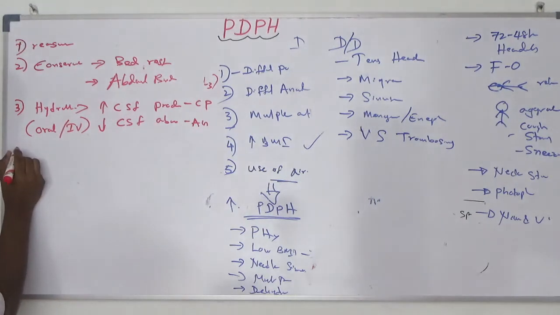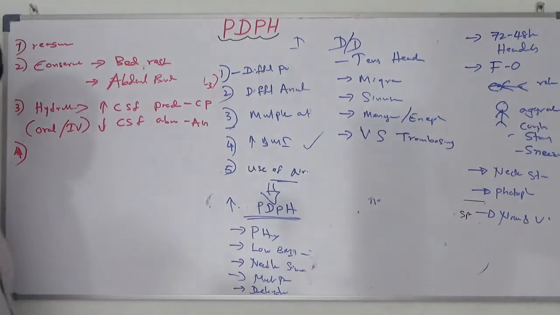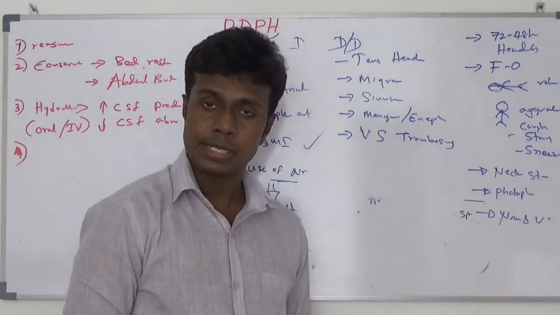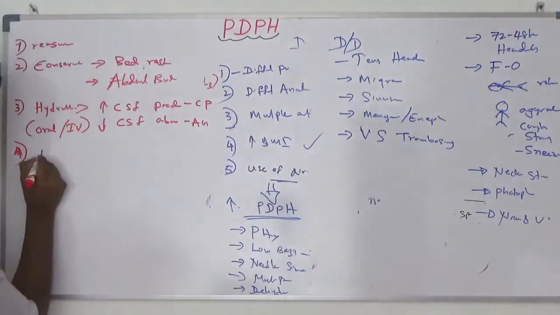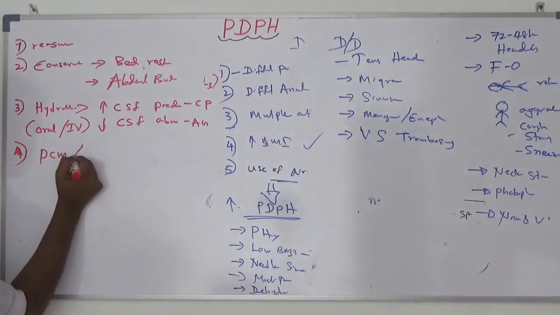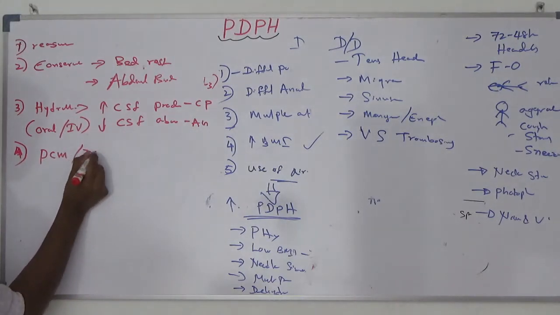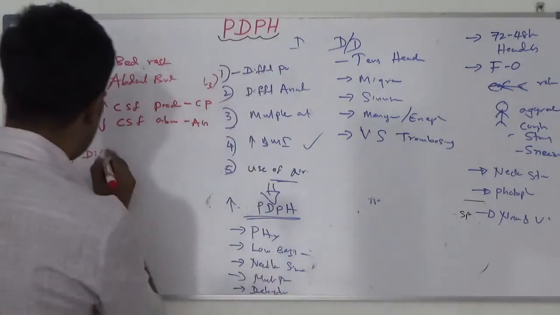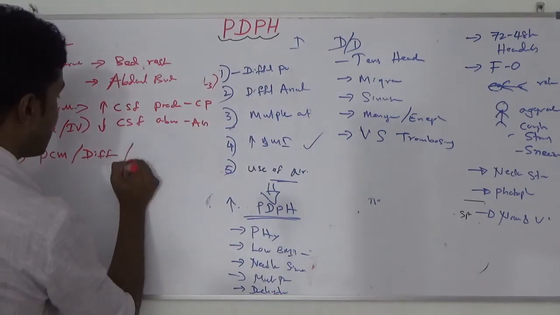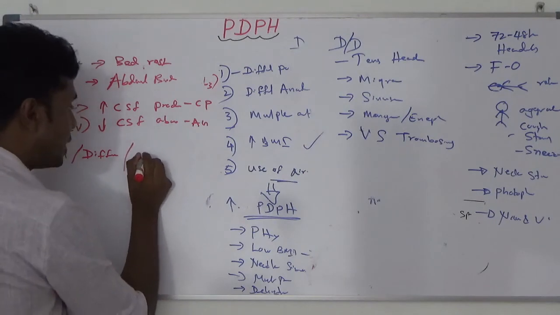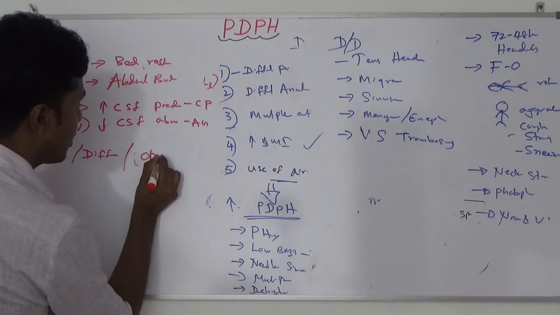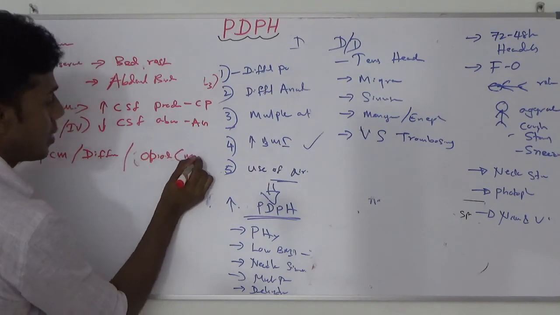Then you can use analgesics. Simple analgesics like paracetamol, diclofenac, non-steroidal anti-inflammatories, or sometimes you may have to use intermittent opioid like morphine.